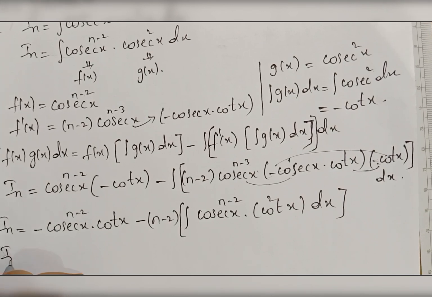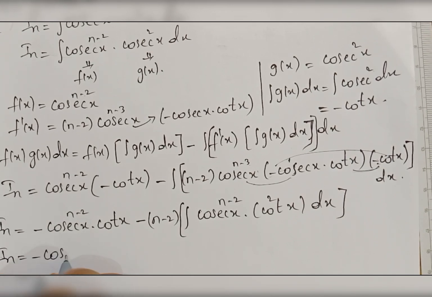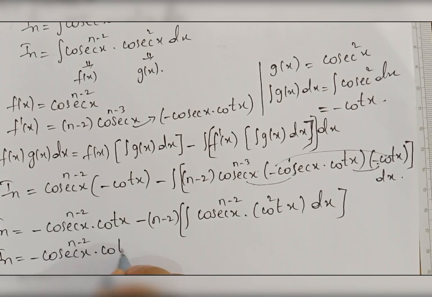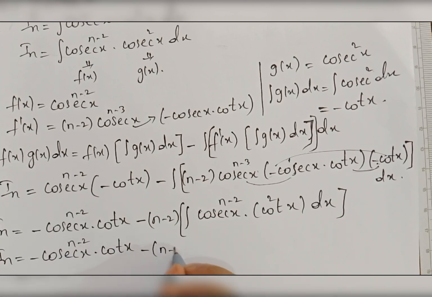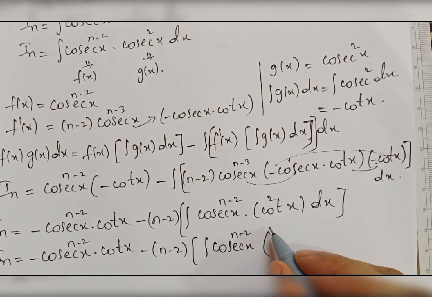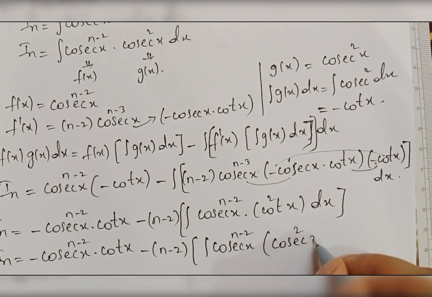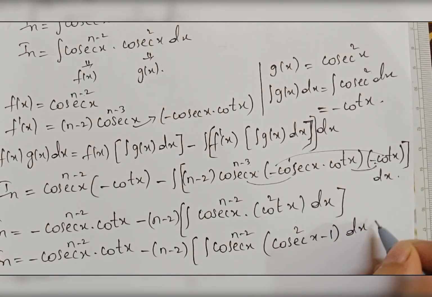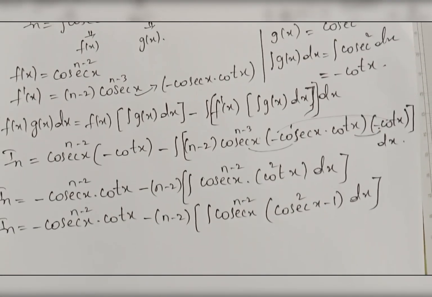Now I_n is equal to minus cosecant x power n minus 2 into cot x minus n minus 2 integral cosecant x power n minus 2 into cot square x, for which you have to write the identity, so it is cosecant square x minus 1, whole dx, right?